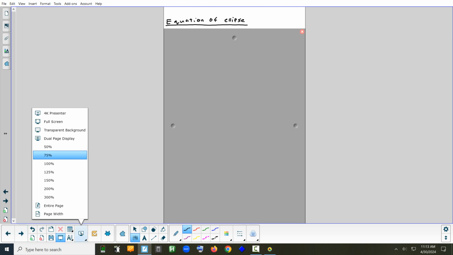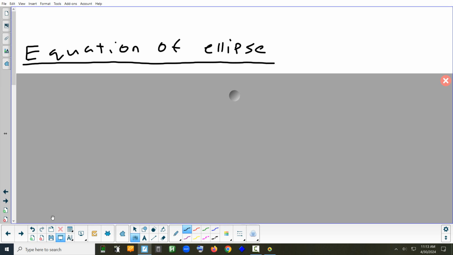Let's talk about the equation for an ellipse. When we did parabolas yesterday, one variable had one exponent and the other variable had another exponent. Does anybody remember what the exponents on our variables were? Y was squared and x was squared?